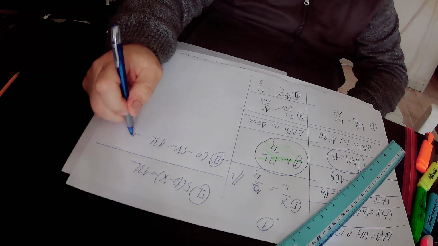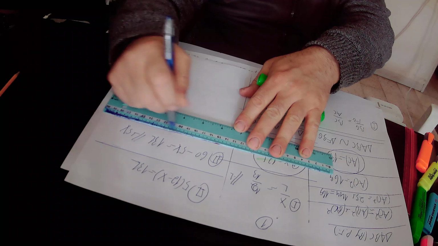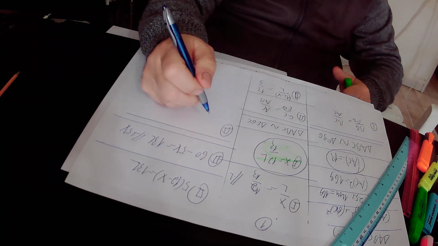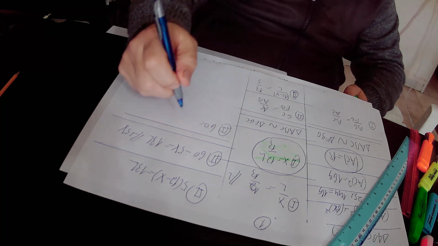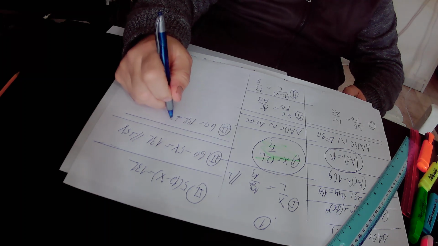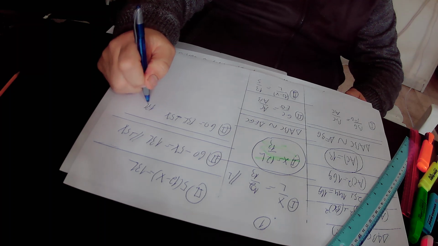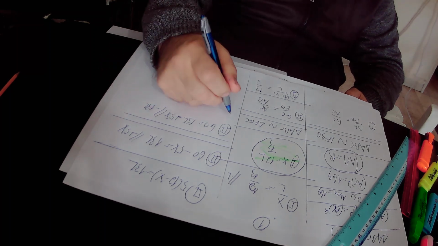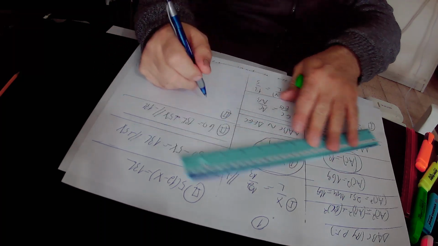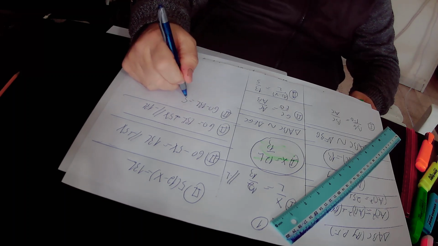Here we add 5X to equation 2, and we get that 60 equals 13L plus 5X. Here we subtract 13L from equation 2, and we get that 60 minus 13L equals 5X.